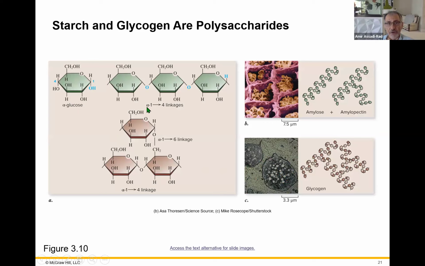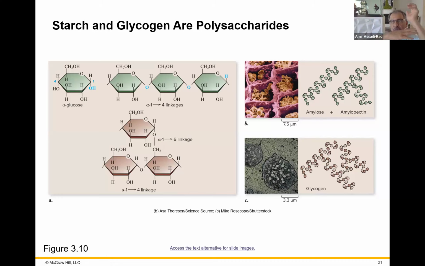They call it alpha linkage. This is the one that is found in rice, mashed potato, and sometimes they can branch. Still, it's alpha linkage, but they can branch. So the difference is the polysaccharides inside of humans are always branched.